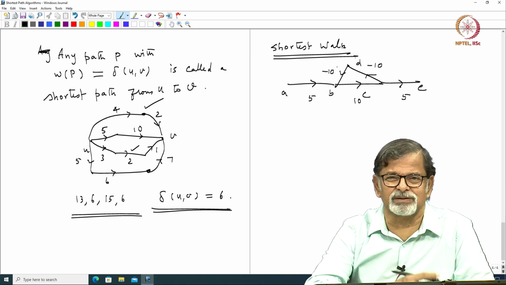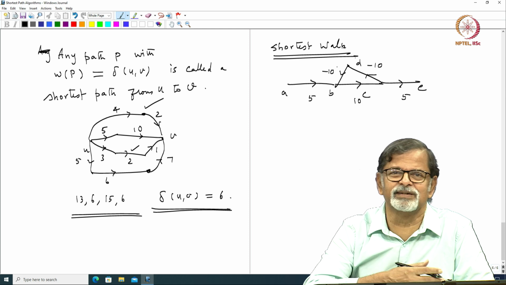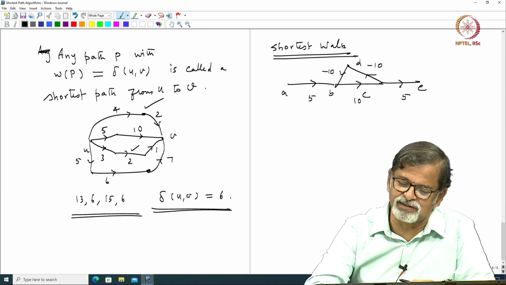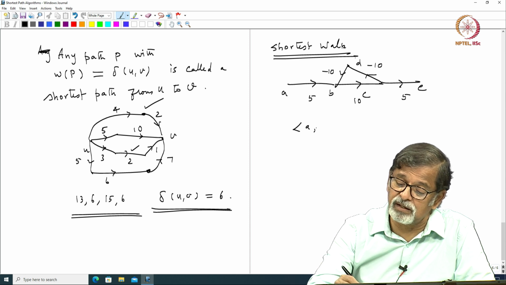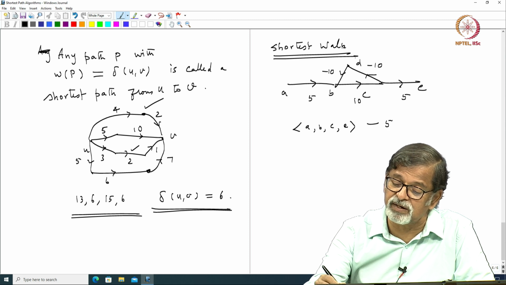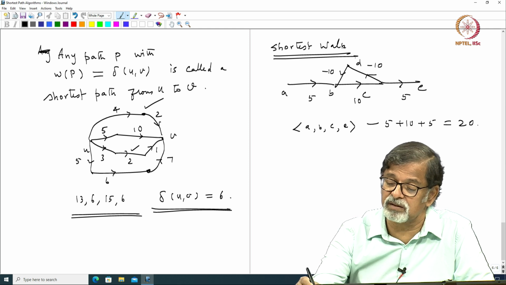I could have chosen any number; I am choosing 5 and 10 for ease of quick computation. So you can have a walk A to B to C to E. AB has weight 5, BC has weight 10, CE has weight 5, that will be 20.